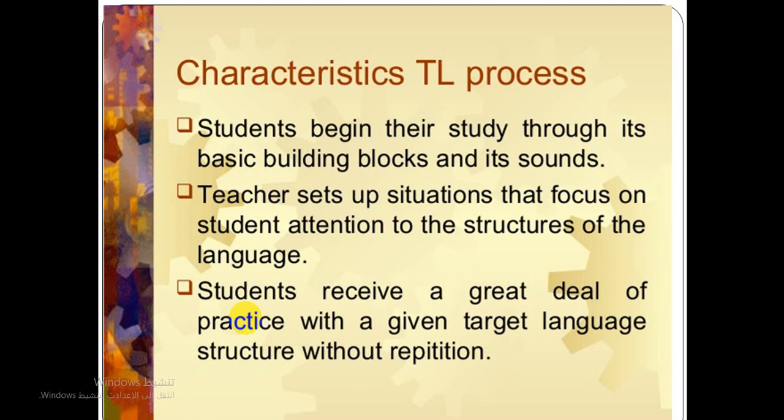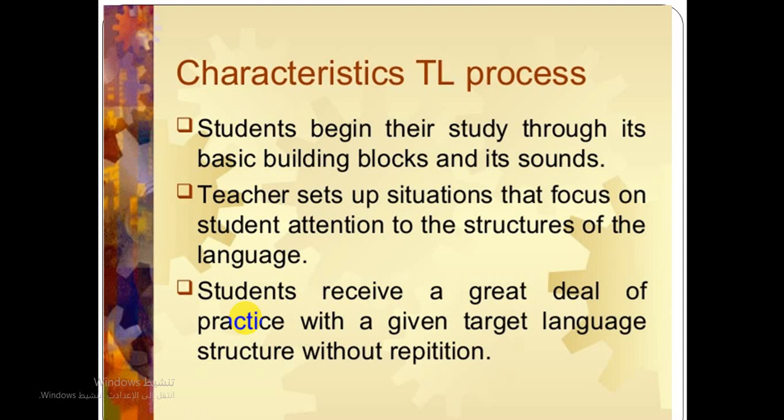What are some characteristics of the teaching and learning process in the silent way method? Here, in this method, the choice of vocabulary is important, with functional vocabulary. Also, translation and rote repetition are avoided.